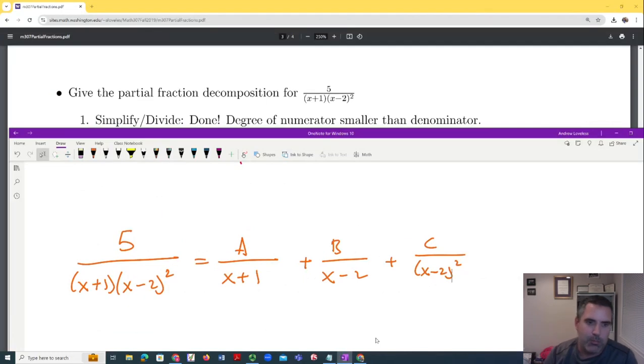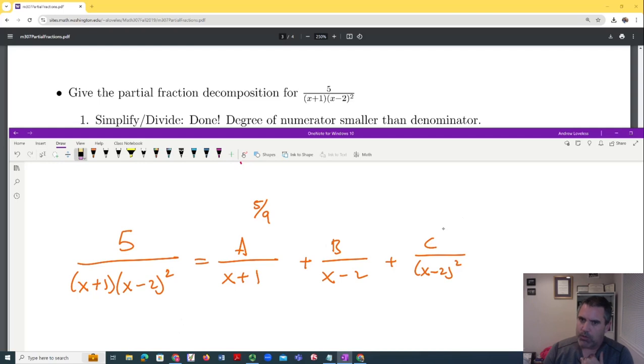I should have thought about this more carefully. But if you put a -1 in here, then you do get 5/9. So it still works for this term. For the distinct linear term, the cover-up method still works.